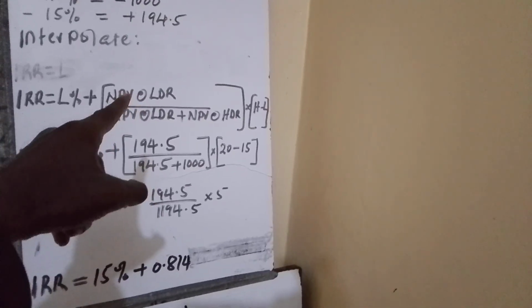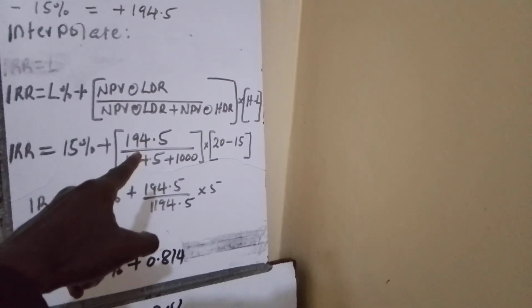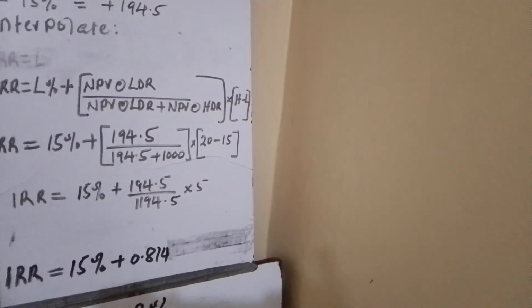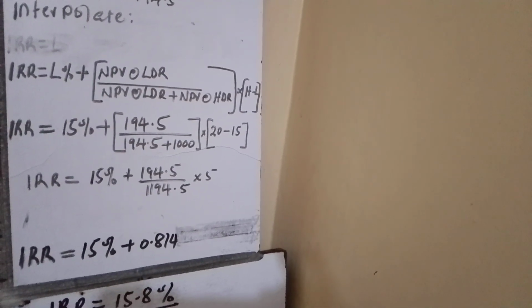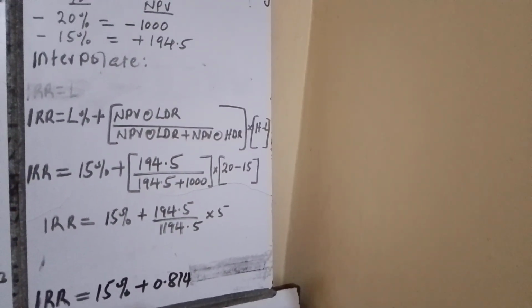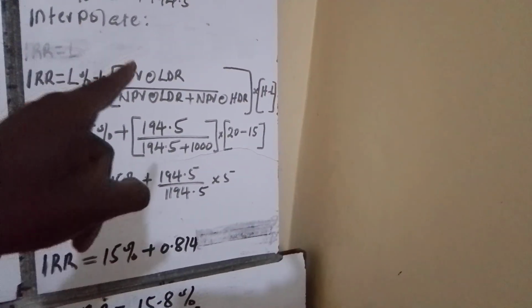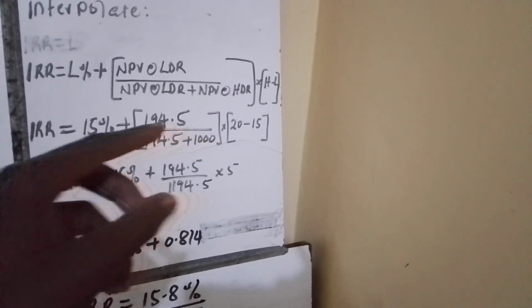So that is why the numerator there you are substituting with 194.5, divided by the net present value given by the lower rate, 194.5, plus, check our formula, plus the net present value at the higher rate.